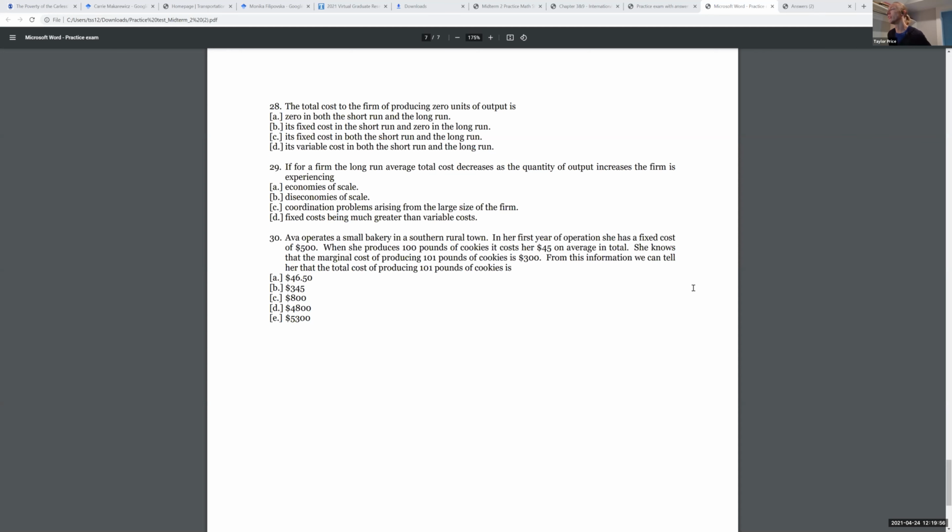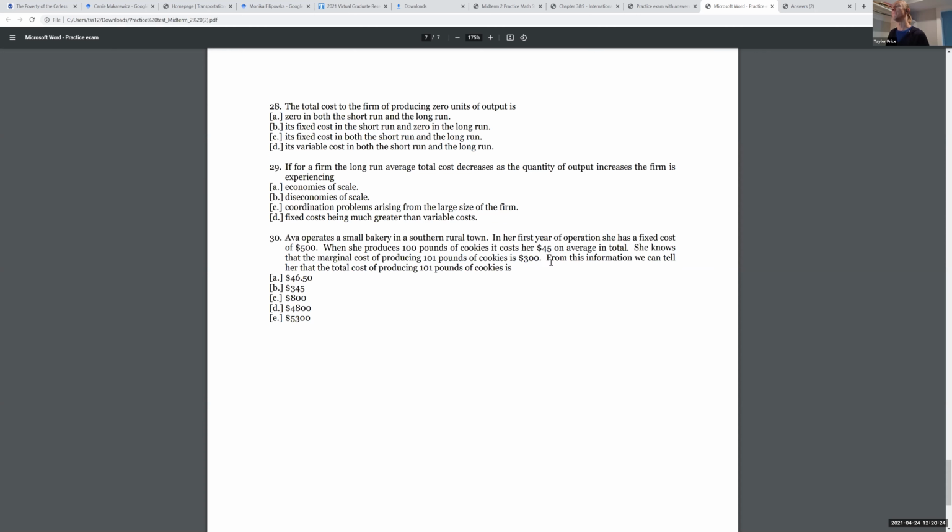Yeah, so for this one, what they're trying to do is kind of trick you. They give you the fixed cost, and then they tell you when she produces 100 pounds of cookies, it costs her $45 on average. Then she knows that her marginal cost of producing 101 pounds of cookies is $300.